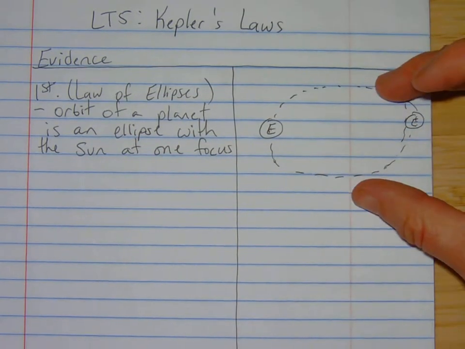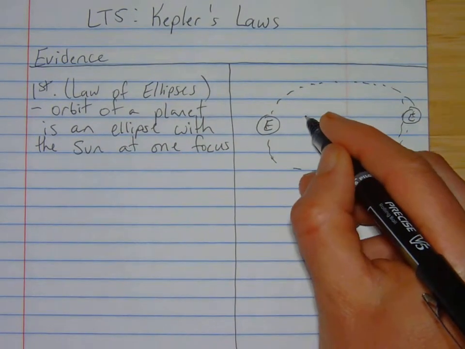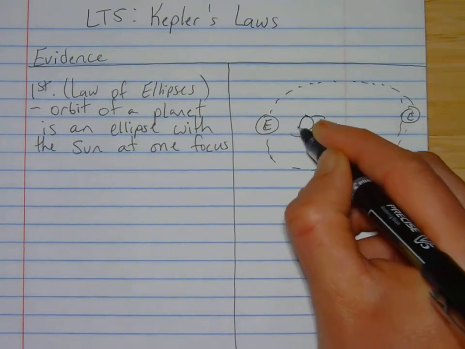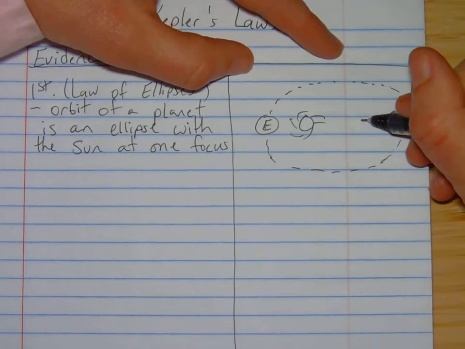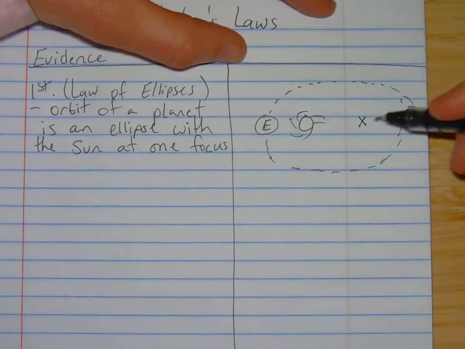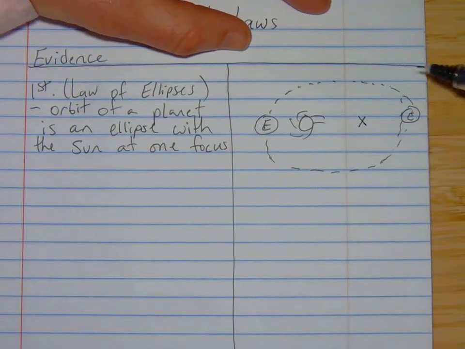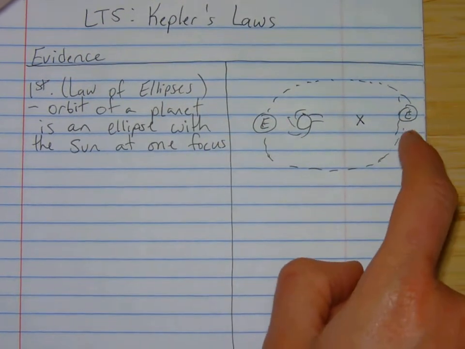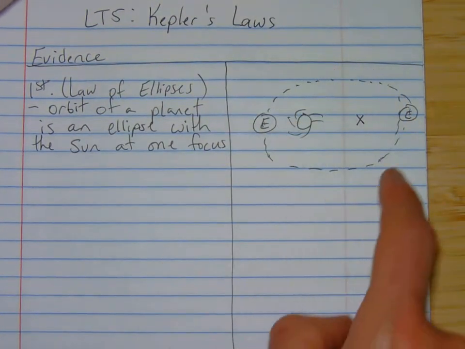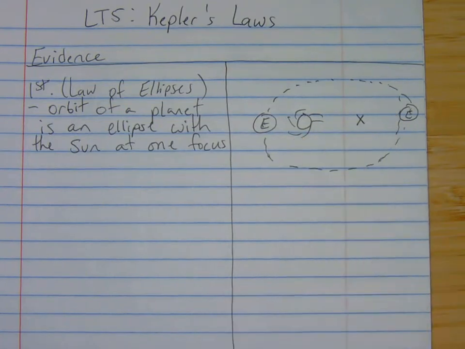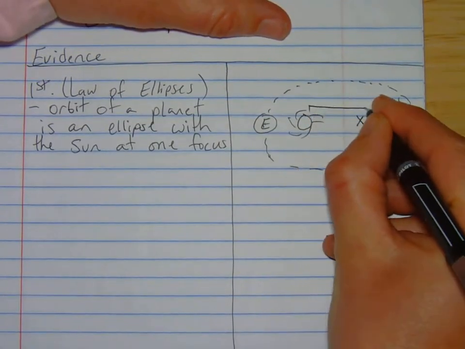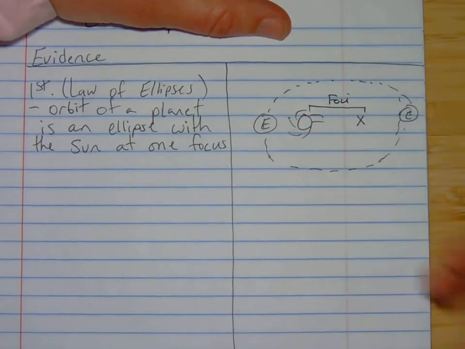We are obviously not that elliptical in our orbit around the sun, but I'm going to exaggerate it to make it easy to see. So there's our sun. That would be one focal point, and there would be an imaginary one out in space somewhere around where I have that X drawn. So all of the planets in our solar system will orbit around those 2 focal points. Foci is the plural of those, if you ever see that word.